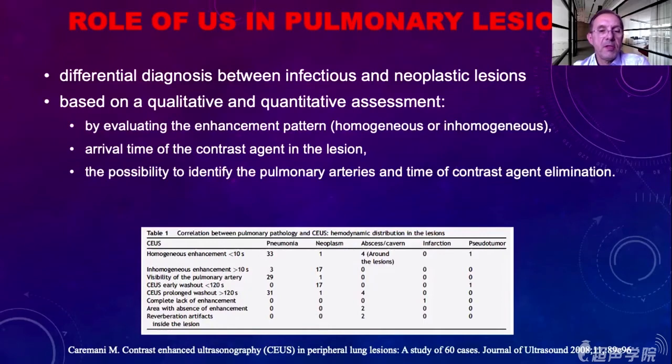The problem with contrast-enhanced ultrasound in the lungs in differentiating malignant from benign lesions is the fact that the arrival time was the main parameter used to differentiate between them. So, as in this study, homogeneous enhancement with contrast agent arriving before 10 seconds is somehow characteristic for benign lesions, and homogeneous enhancement later than 10 seconds is typical for neoplastic disease.